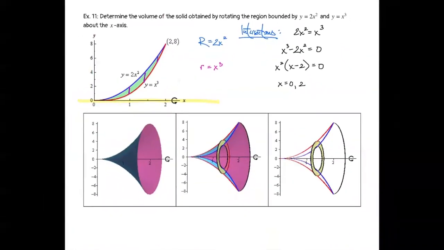All right, so based on the diagram and what we have so far, are we thinking dx or are we thinking dy?